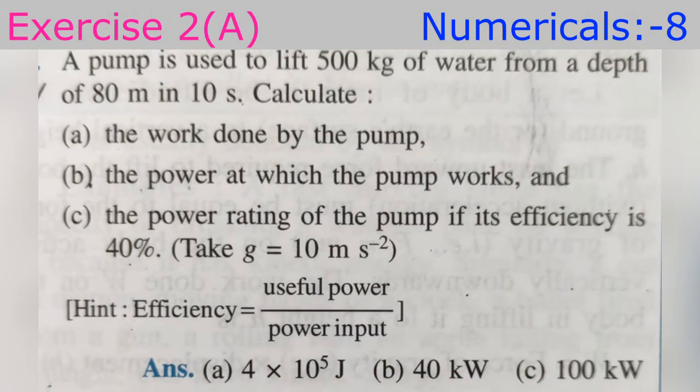Here is the last question. A pump is used to lift 500 kg of water from a depth of 80 meter in 10 seconds. Calculate the work done by the pump, power at which the pump works, and power rating of the pump if efficiency is 40%.